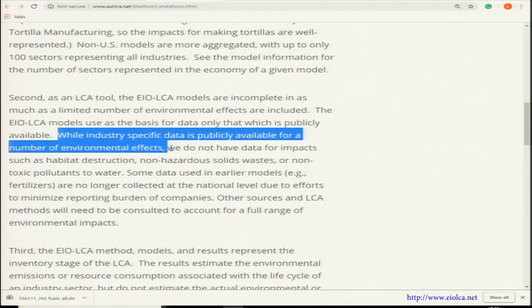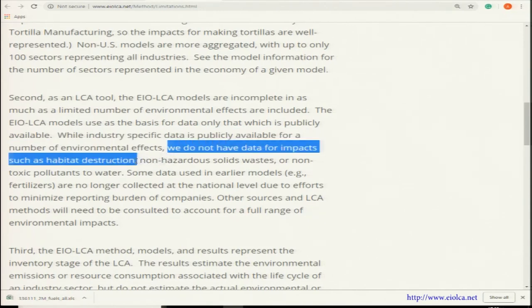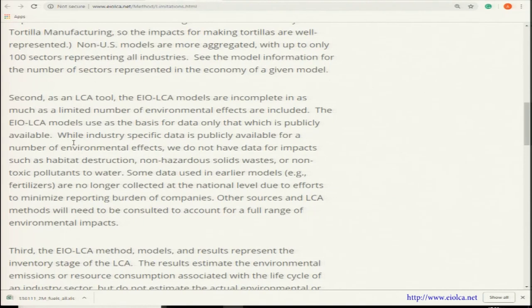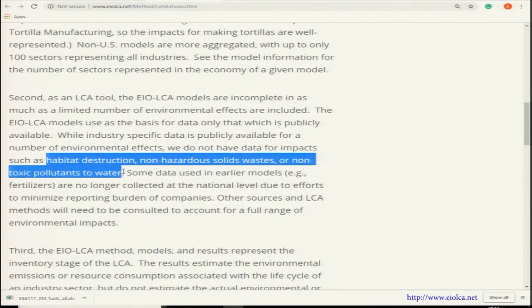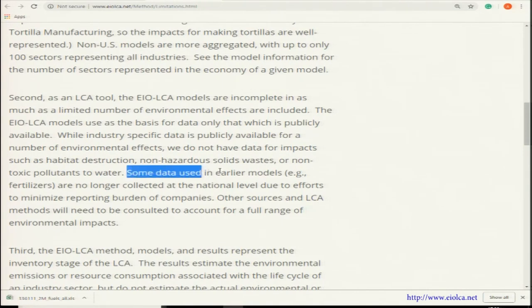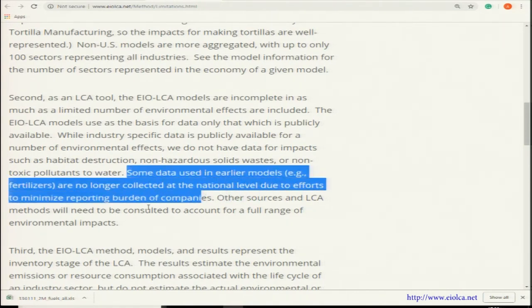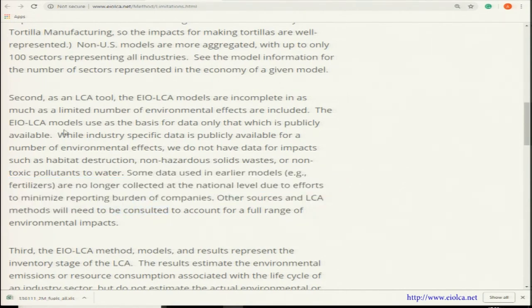We do not have the data for impacts such as habitat destruction, non-hazardous solid waste or non-toxic pollutants to water. In a way, they are telling that the data is somewhat incomplete, and certain other data sources have to be taken into account to complete the assessment. Some data used in earlier models, for example fertilizers, are no longer collected at the national level due to efforts to minimize the reporting burden of companies. This is the limitation of the data.